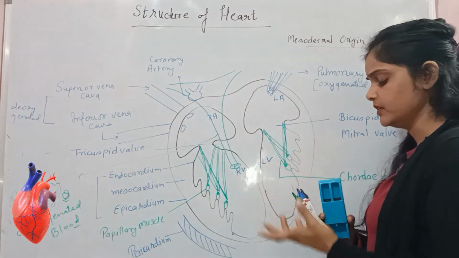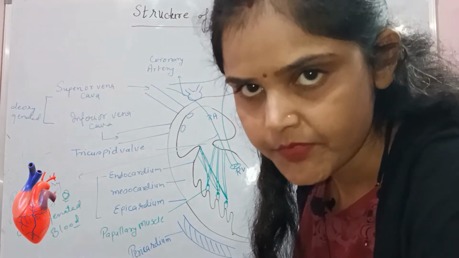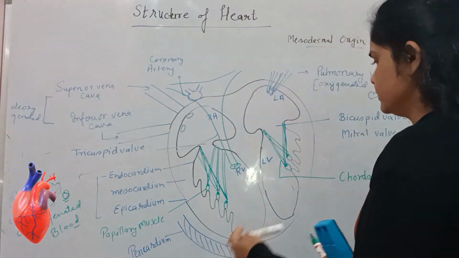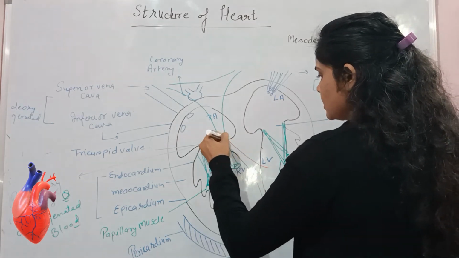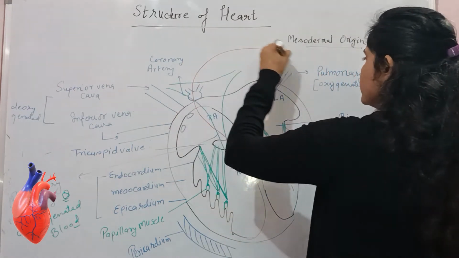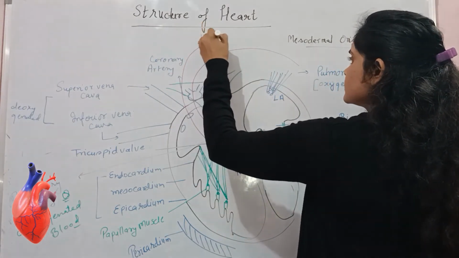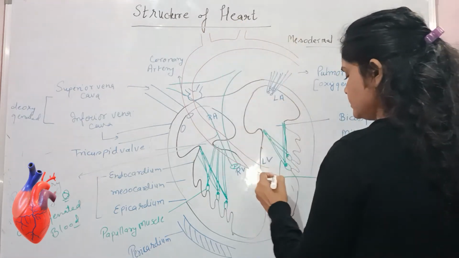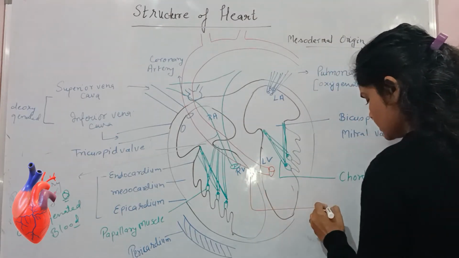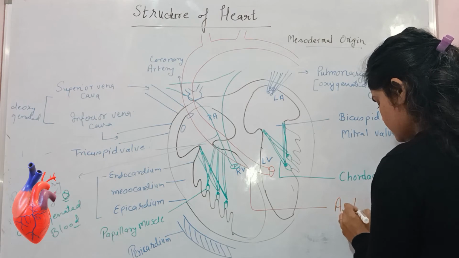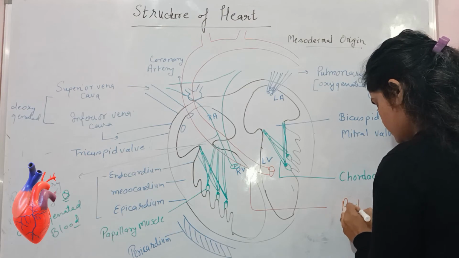Next we talk about another vessel which is present. If I see one thing, in the left ventricle again an opening is present. Okay, this is known as what? The aorta.